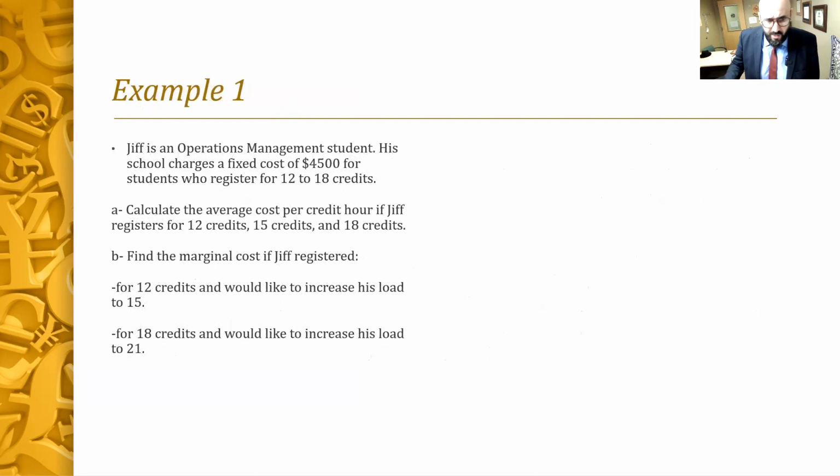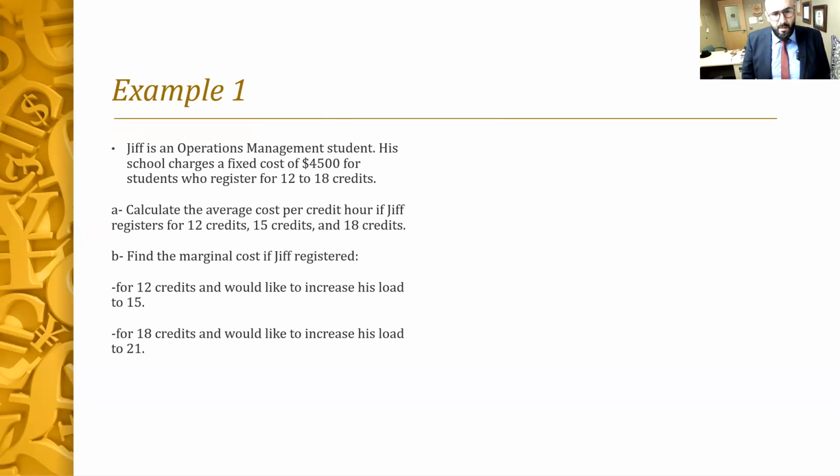Example one: we have Jeff, who is in the operations management program. His school charges a fixed cost of $4,500 for any student who registers for 12 to 18 credits. Now, what I want from you is to calculate the average cost per credit if Jeff registers for 12 credits, 15 credits, and 18 credits.